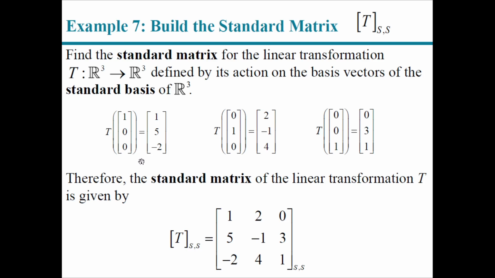These are the images of each standard basis vector under the action of the linear transformation T. So we put each of these images into corresponding columns and we get the standard matrix representing the linear transformation. Straightforward, even though we don't know exactly what the linear transformation is. Actually, we could recover it: just multiply this matrix by the vector x1, x2, x3, and you will get it.